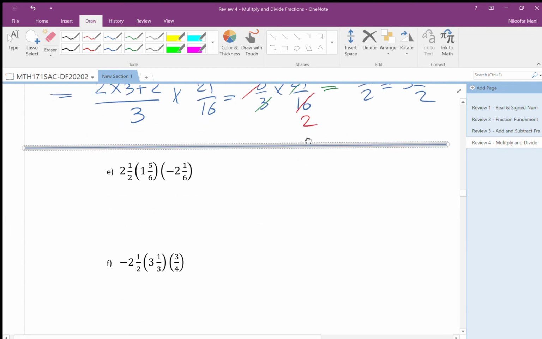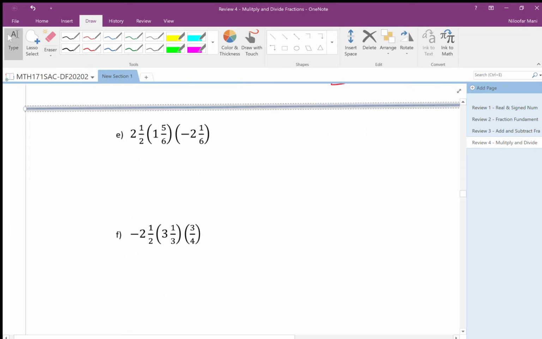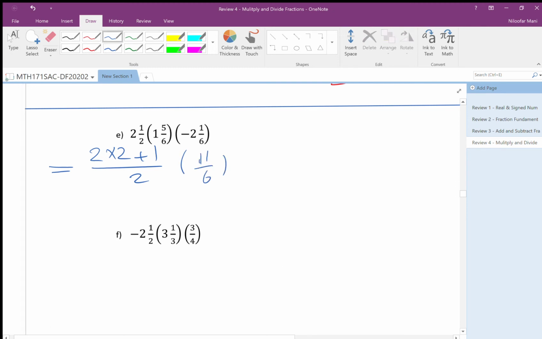So how about the next one here? So I do equal, so it is 5/2, so it's 2 times 2 plus 1, over 2, okay, and 11/6 and minus 13/6, which is 5/2, 11/6 minus 13/6.